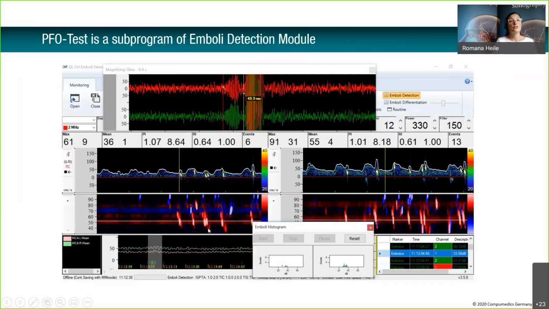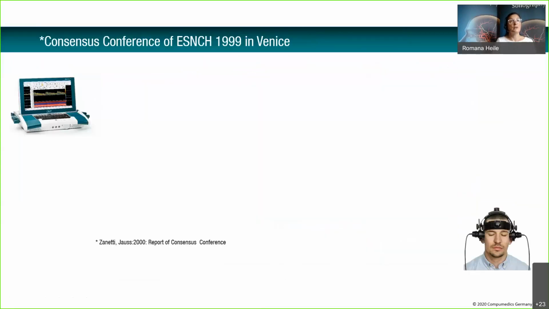You have the M mode to see if there is a movement of the event. You see the increased spot, and you have the number of hits appearing, and that's important to diagnose the grade of PFO. So that's all that you had before. And then together with the consensus, how to perform a PFO test in order to be repeatable and comparable.